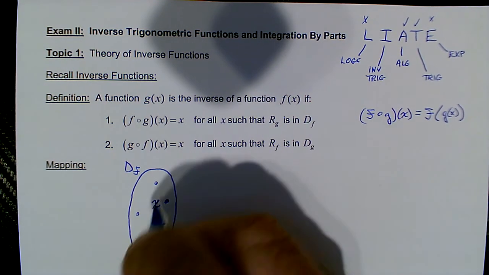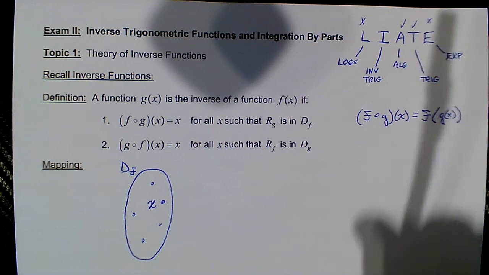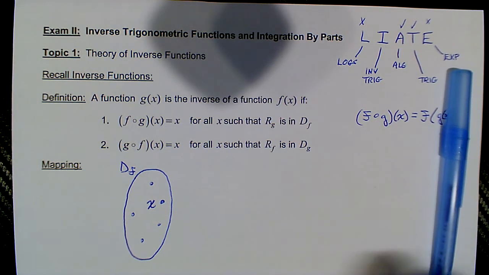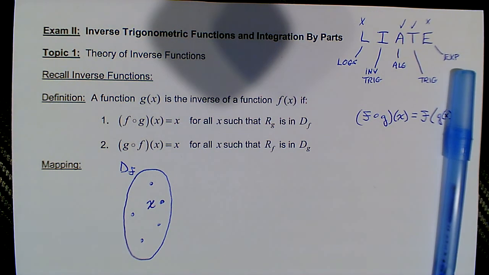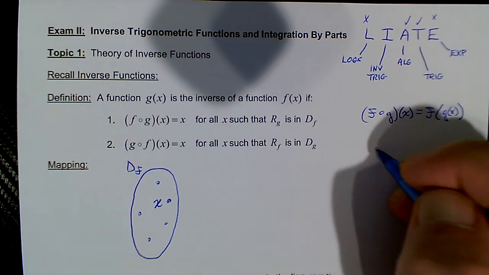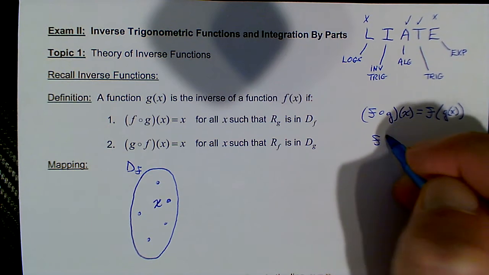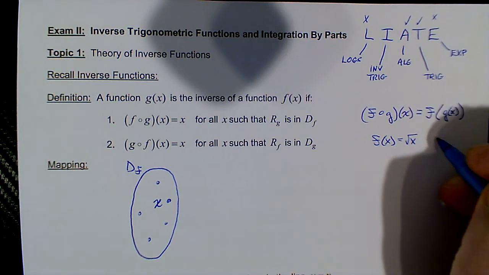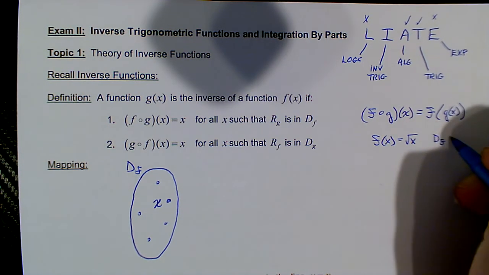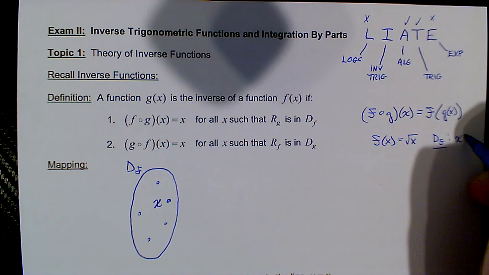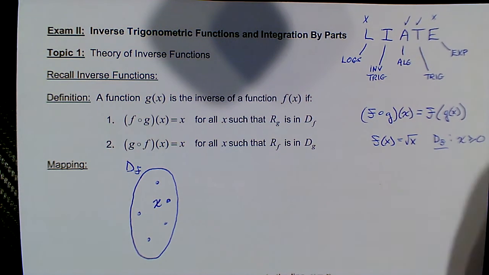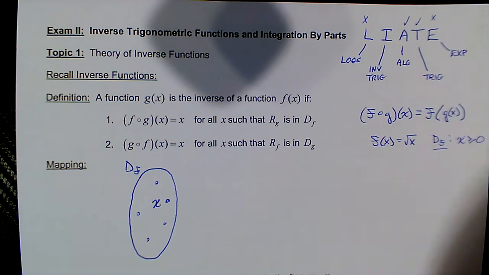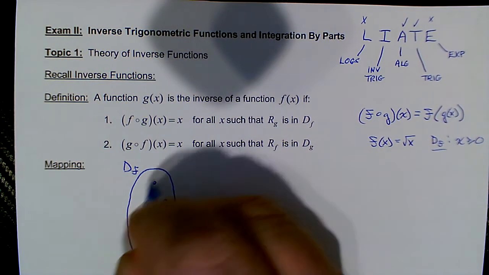And, for example, if the function f of x were equal to the square root of x, this is just an example, the domain of that function would be that x must be greater than or equal to 0. No negative numbers under a radical. So that would be the elements that are in here.